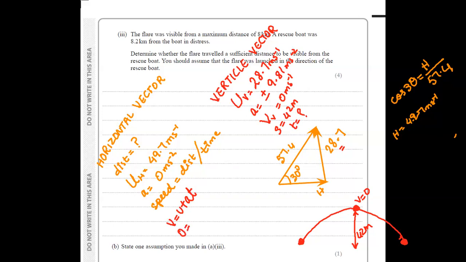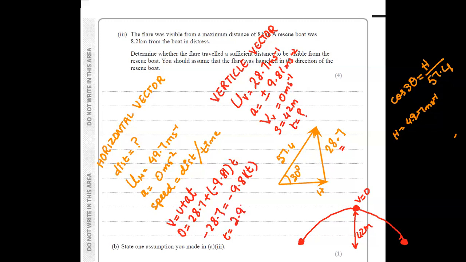My initial velocity in the question is 28.7. My acceleration is negative 9.81. I can calculate the time. 0 minus 28.7 will make it negative 28.7, which is equal to minus 9.81 multiplied by time. So if I divide negative 28.7 by 9.81, I get my answer as 2.92.